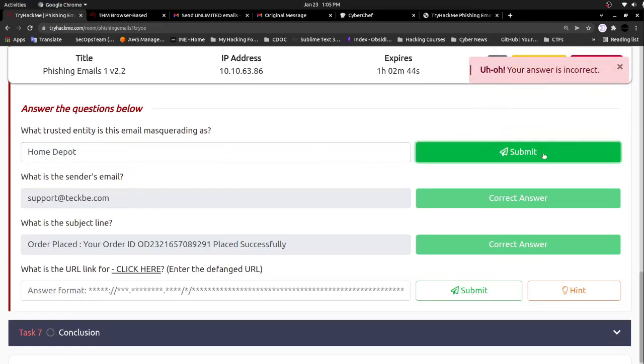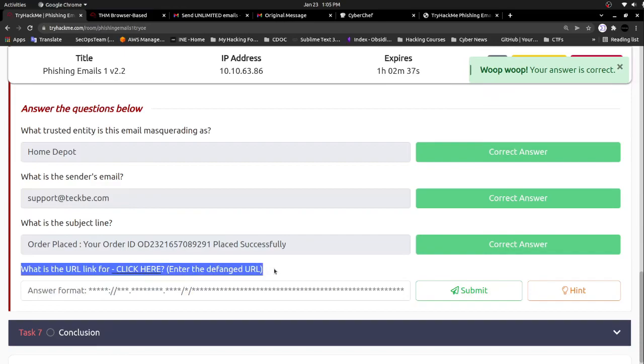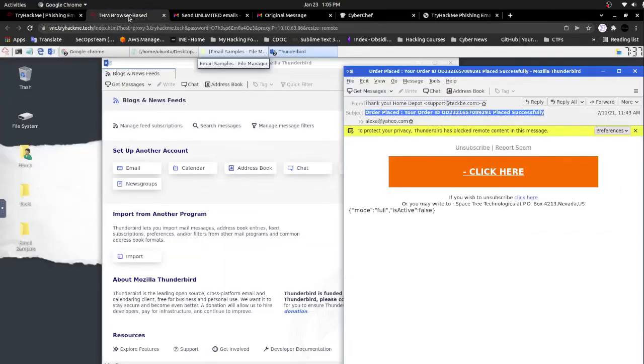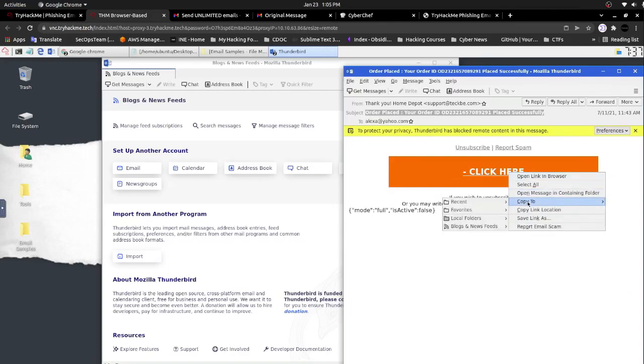If I open it, I can see the exact subject of the email. Let's copy its subject and paste it here. That's the correct answer. And what trusted entity is this email masquerading as? This is the answer: Thank you, Home Depot.